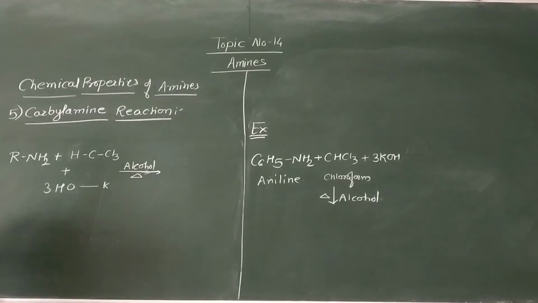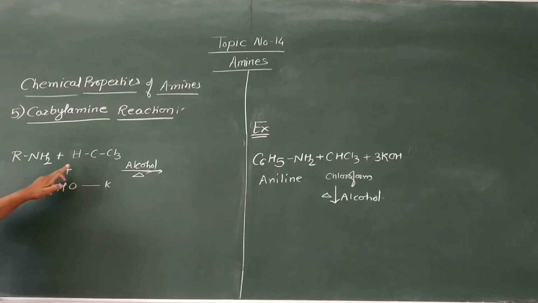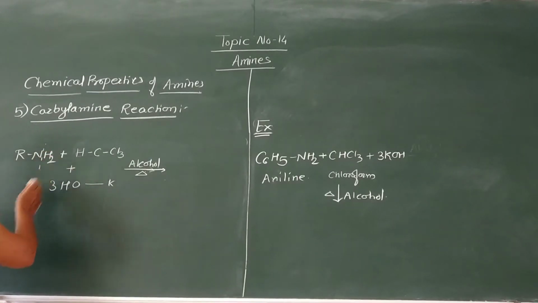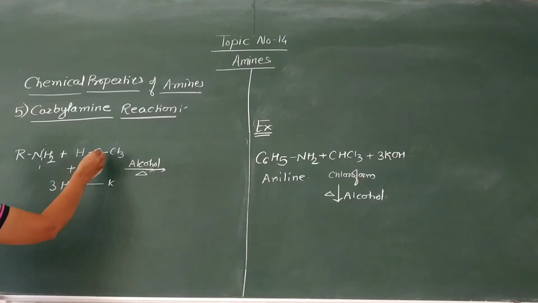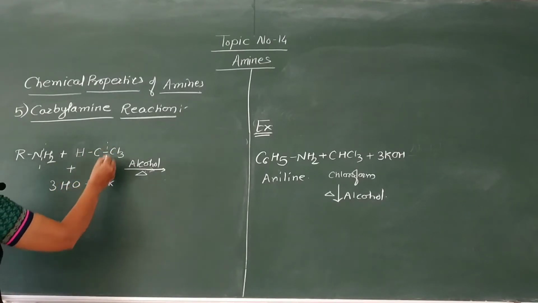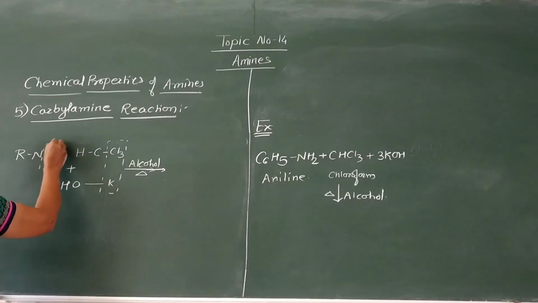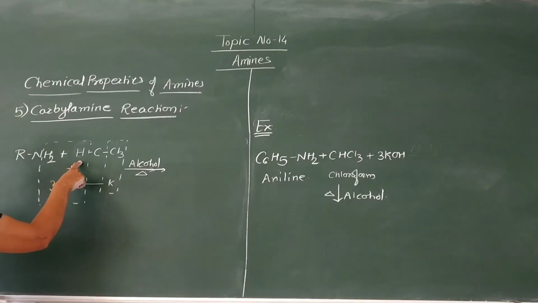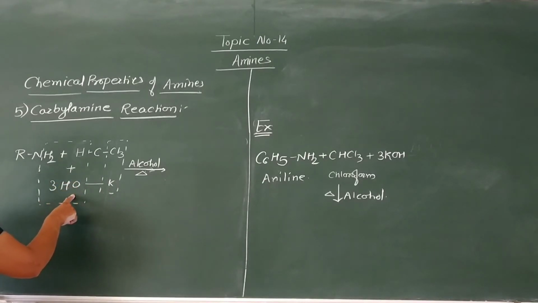Look here. When this primary amine is heated with chloroform and alcoholic KOH, then breaking of this NH bond takes place. Two hydrogen atoms from amine, 1 hydrogen atom from chloroform and 3 OH groups from KOH are removed as thrice H2O.